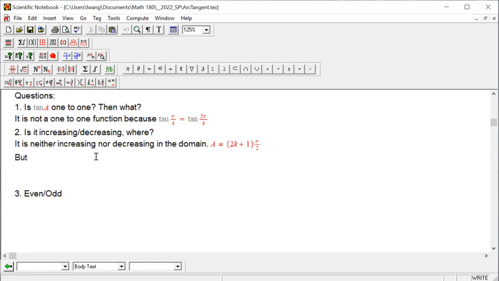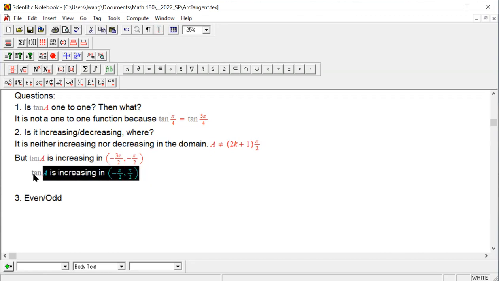But the tangent function is increasing in the interval -3 pi over 2 to -pi over 2, and it is also increasing from -pi over 2 to pi over 2.